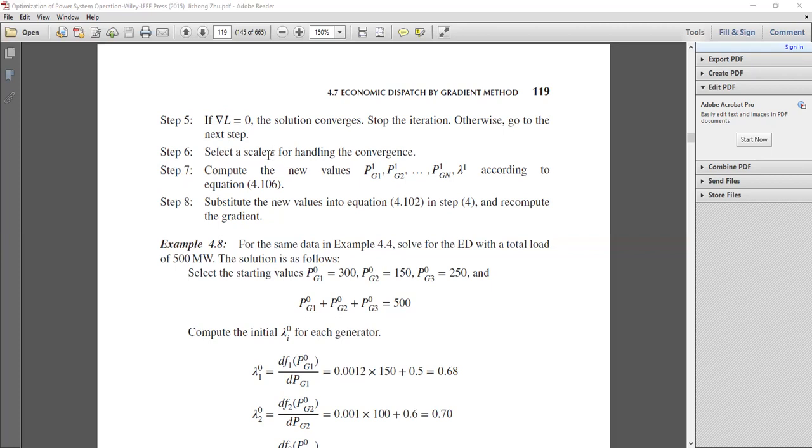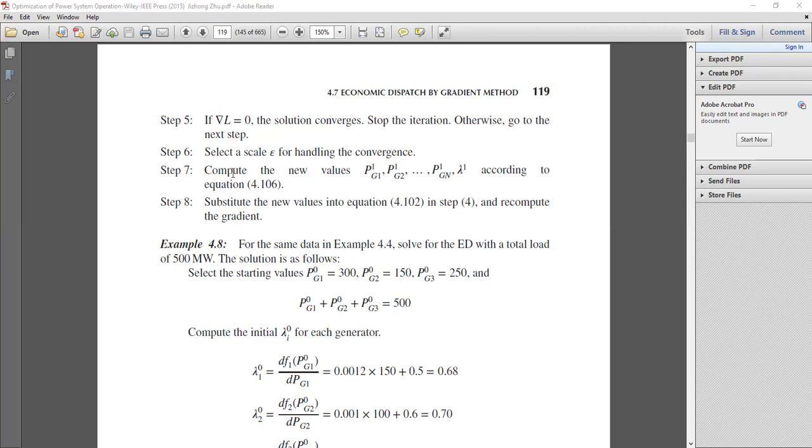Otherwise, if the value is too big, then the solution may diverge. If the value is too small, then it would take a very long time to converge. It will ultimately converge, but the time required for convergence would be pretty large. So the value should be chosen optimally. You can consider it to be a design parameter also for optimization, but here they are giving you one value, so you don't have to bother about this.